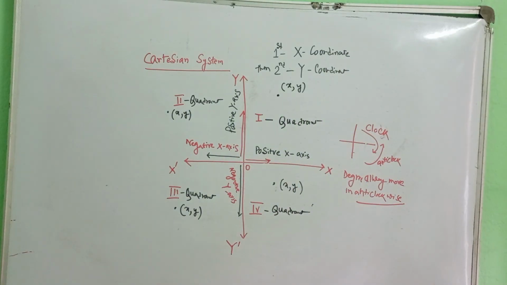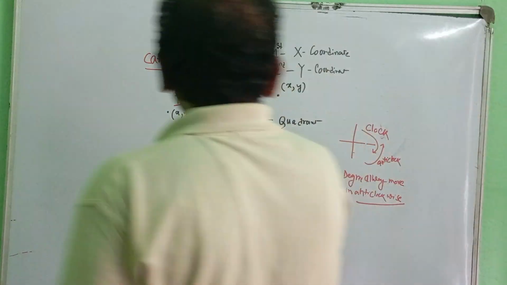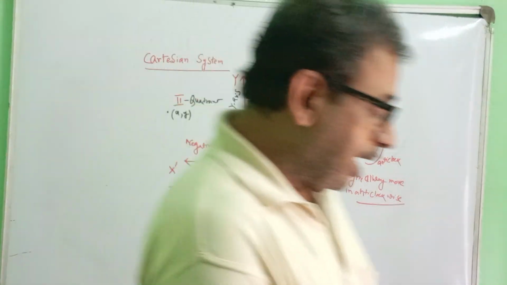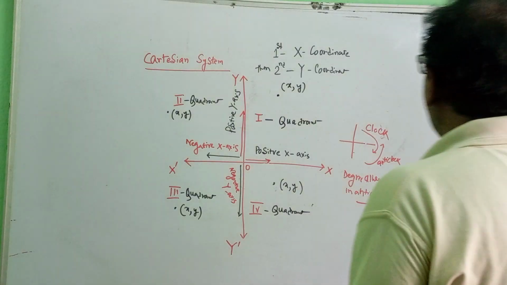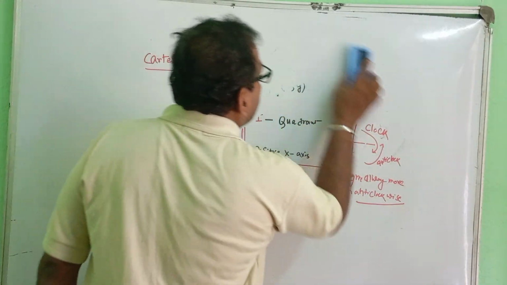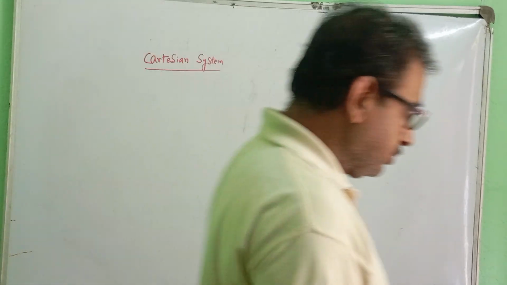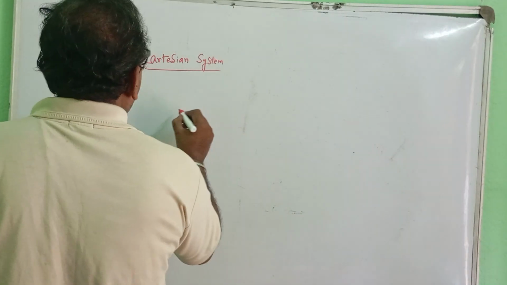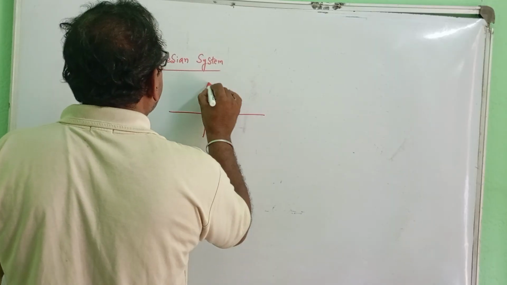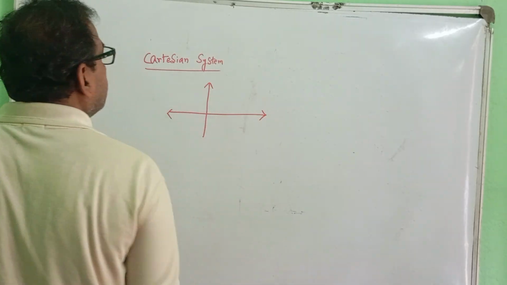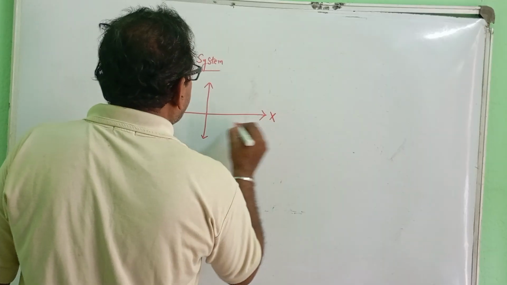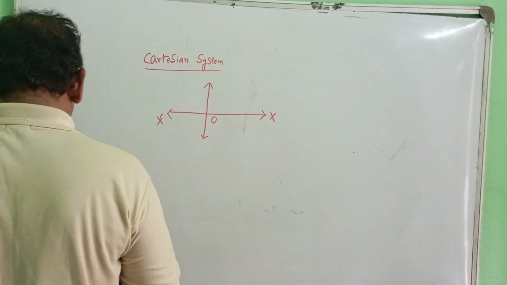Now three things are coming. What are the three things? Now this line is a horizontal line. Note that very carefully. Now this is X O X dash.